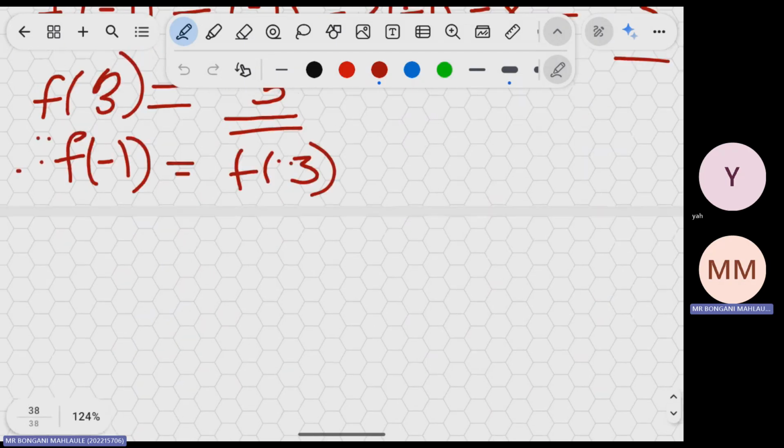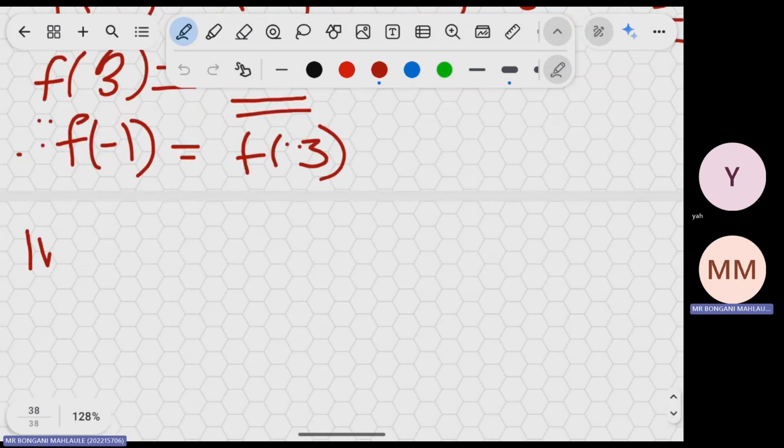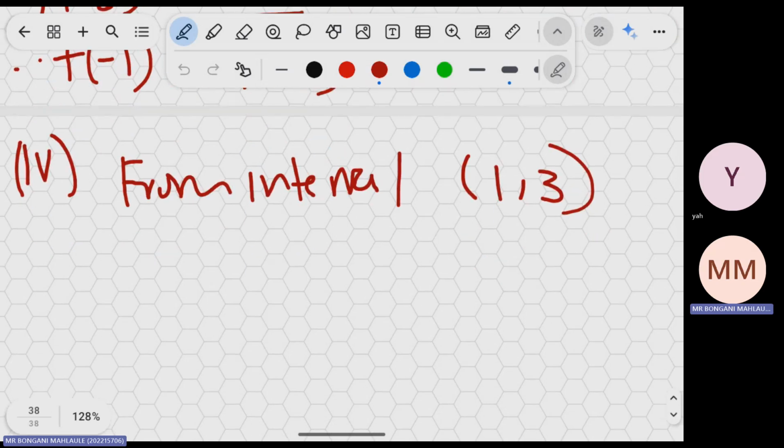So now the last step. I think all of these are fine, but there is also this one I just noticed. From the interval -1 and 3, you will choose any value.